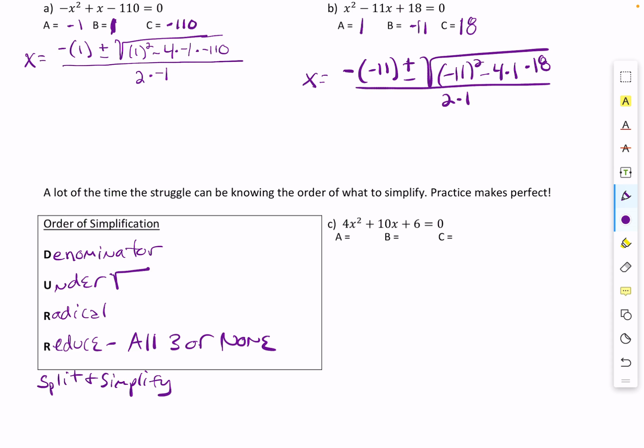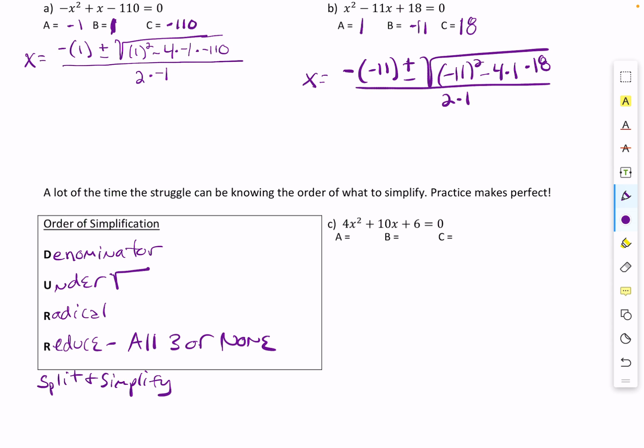Okay? So DERS: denominator, under, radical, reduce, split, and simplify.